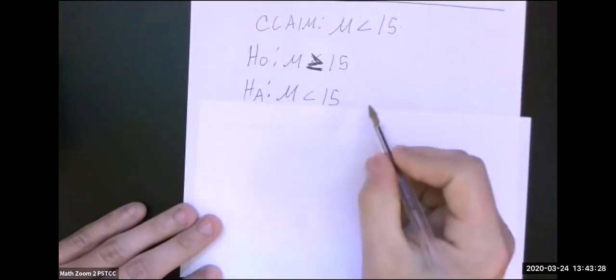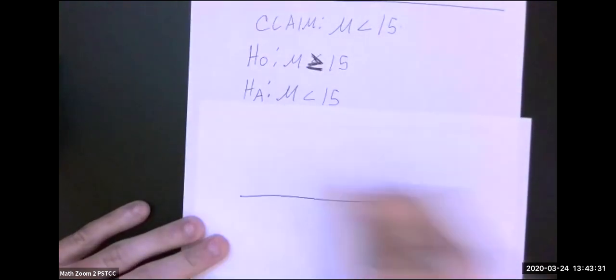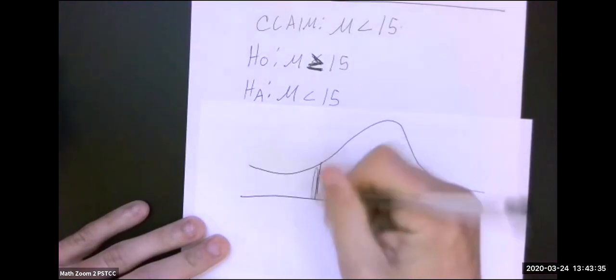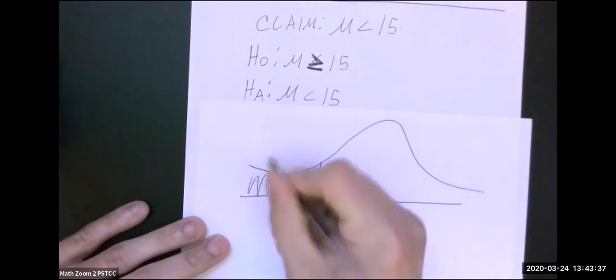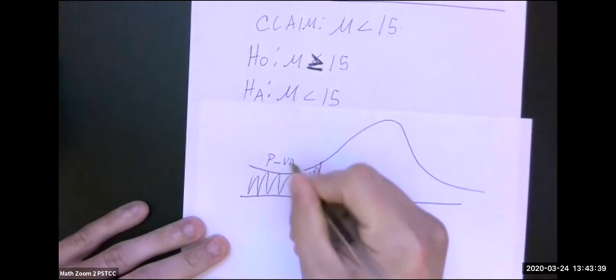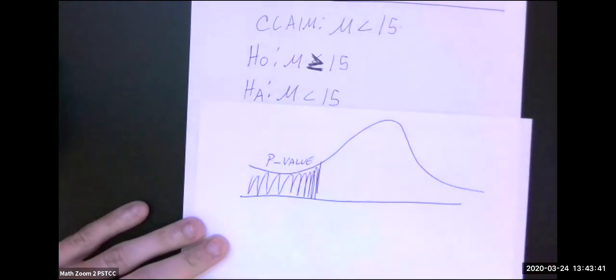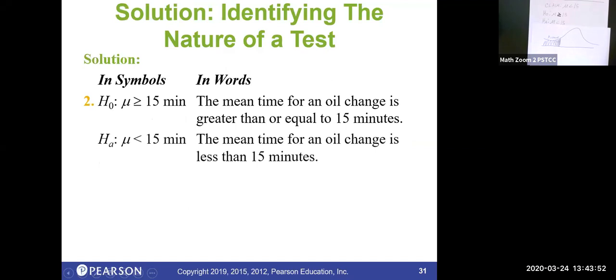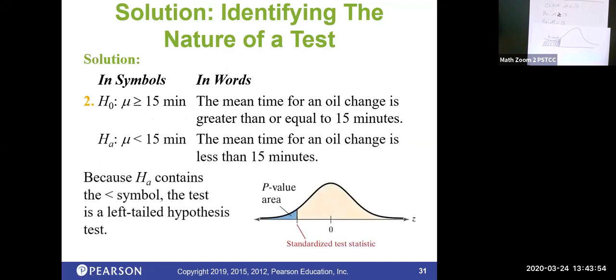Now, for the type of test, we look at the alternative hypothesis. It is less than. Because it's less than, the p-value is on the left. Like so.